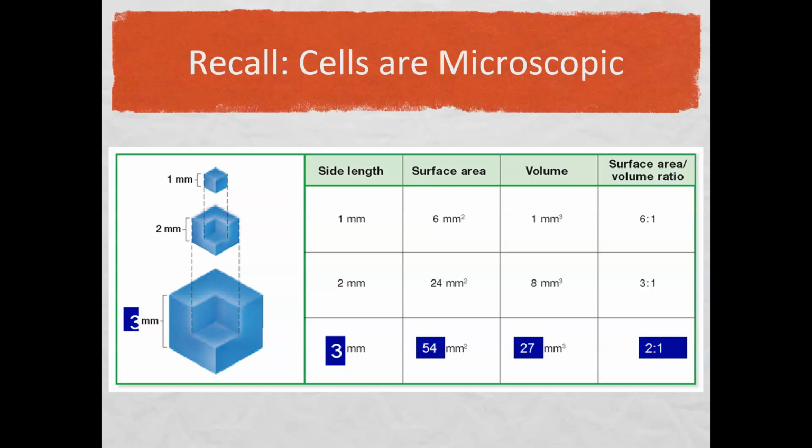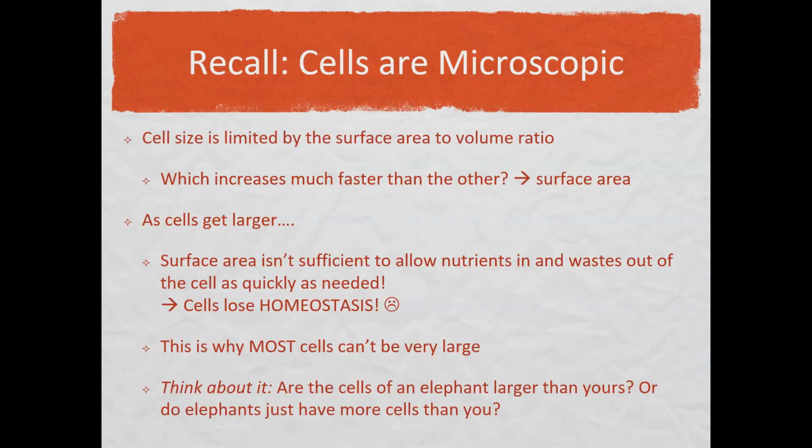And so your cells will maximize the amount of surface area that they need to function given the volume that they have to do the job that they're supposed to do in an organism. So your cell size is overarchingly limited by that amount of surface area. All right. That surface area is going to increase much more dramatically than the volume does.